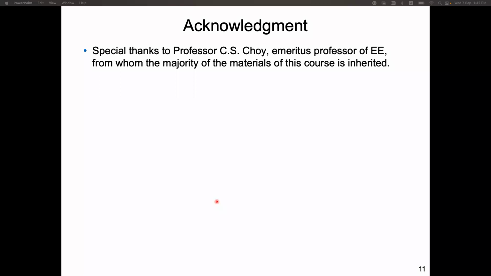If no, let's start the first lecture. Start. I don't see this Zoom control bar here.